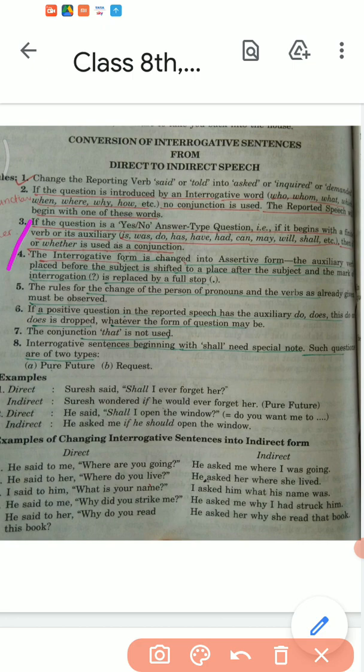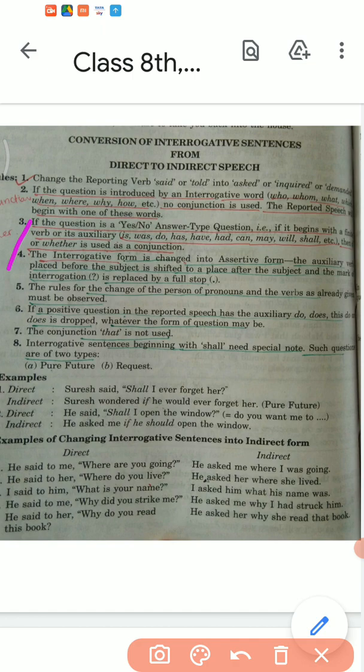If we are changing our interrogative sentence from direct to indirect form, and if our reported speech starts with any helping verb, then we have to place that auxiliary verb after the subject, and the interrogation mark will be replaced by a full stop. I'm not talking about the WH word, I'm talking about our auxiliary verb.